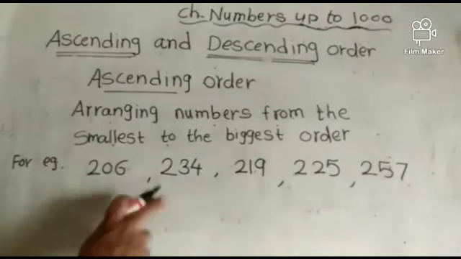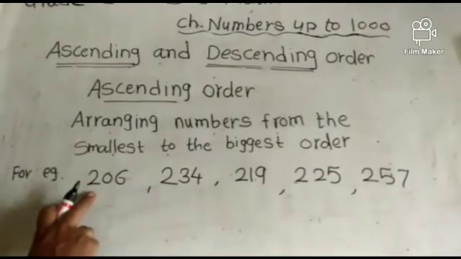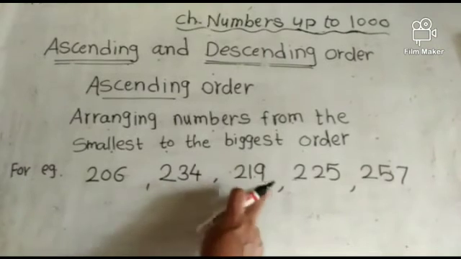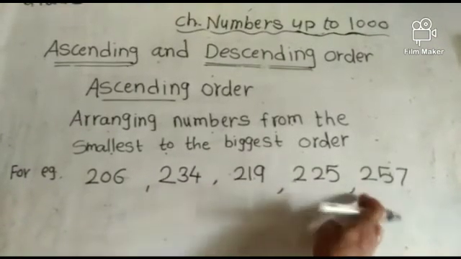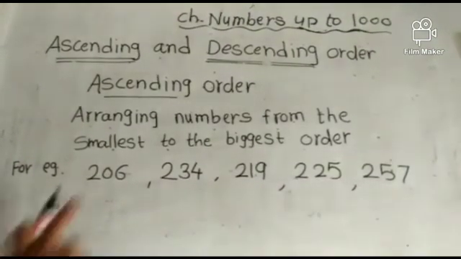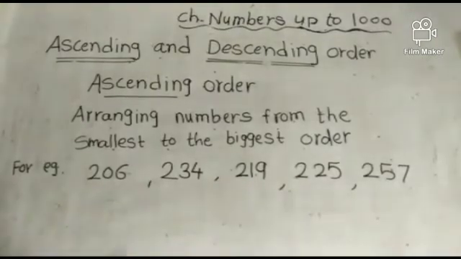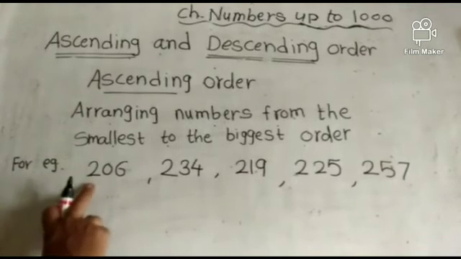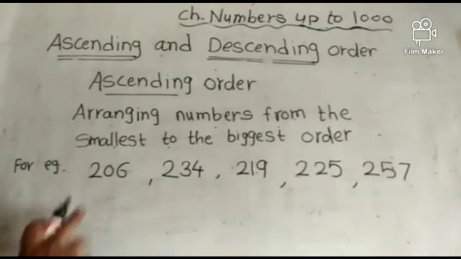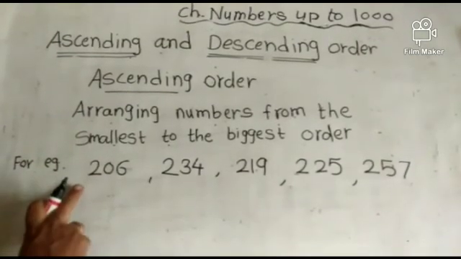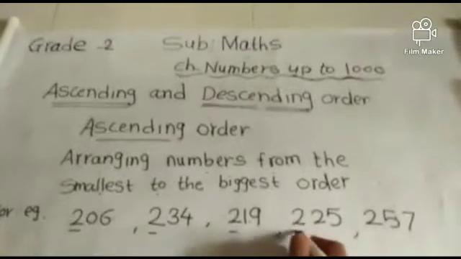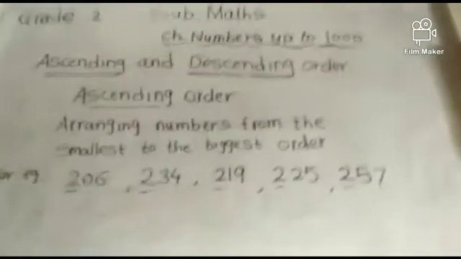Let's see another example. Here are numbers 206, 234, 219, 225, 257. We have to arrange these numbers from smallest to the biggest order. But here all numbers are in between 201 to 300. So 100 place is same.